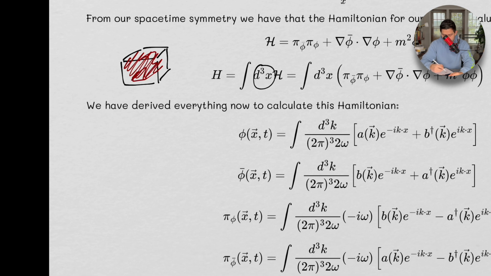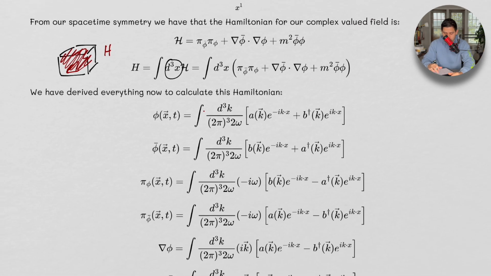We want to know what the Hamiltonian is inside that volume for our field. We're going to have particles in this volume, and collectively we can construct a Hamiltonian inside that volume. That's what we're going to do.